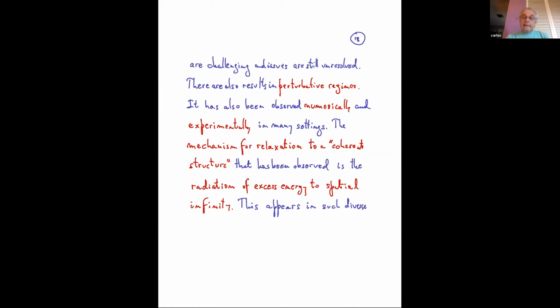Now, even in that case, the proofs are challenging, and there are issues that are still unresolved, for instance, in the case of KdV itself. There have also been results in perturbative regimes, that is to say, near solitary waves. Then there's many, many results in this direction.